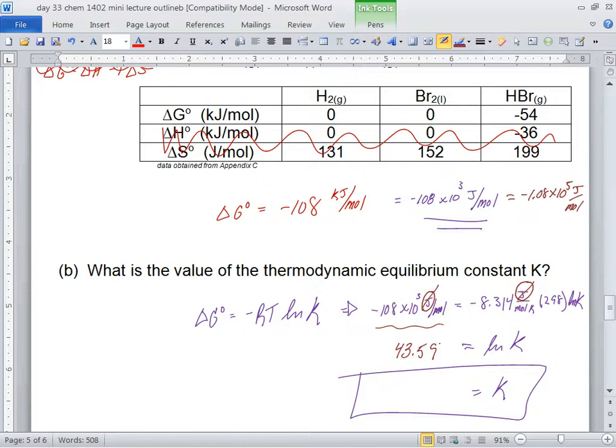So you push shift e to the x. 43.59, shift e to the x. I get like 8.5 times 10 to the 18th or something. Somewhere you should be getting around 8.5 times 10 to the 18th. Make sure you get that to work.